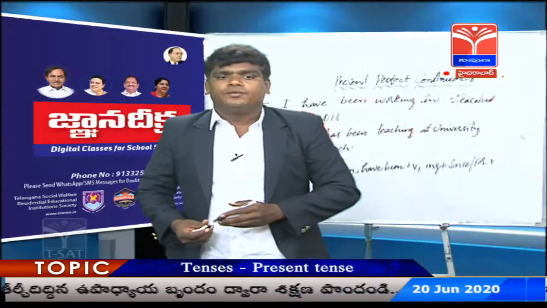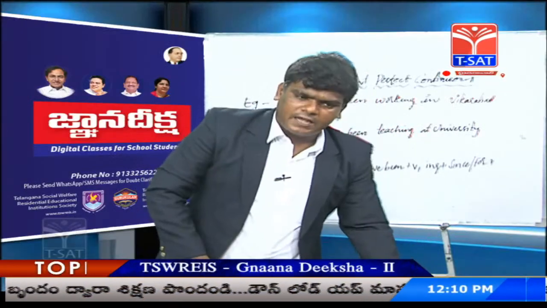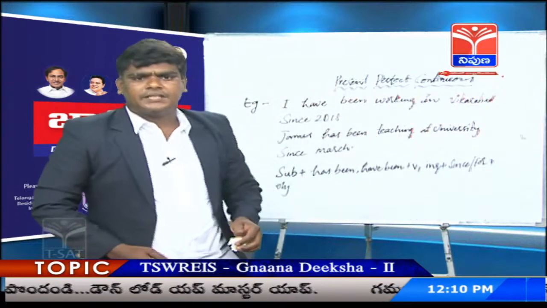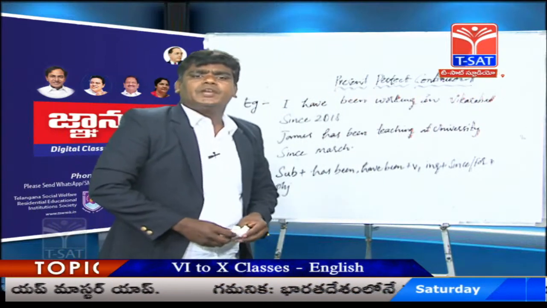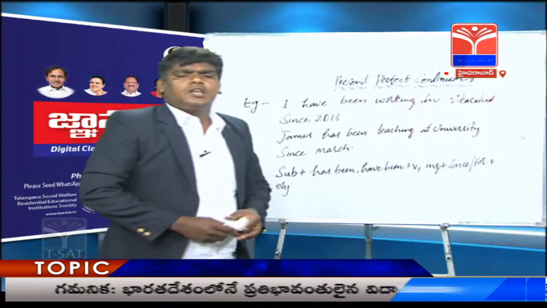An action which started in the past, still it is going on, in those cases we need to make use of present perfect continuous tense. This is all about tenses.